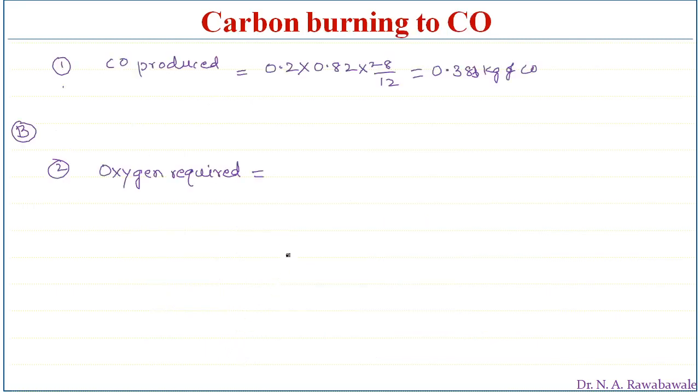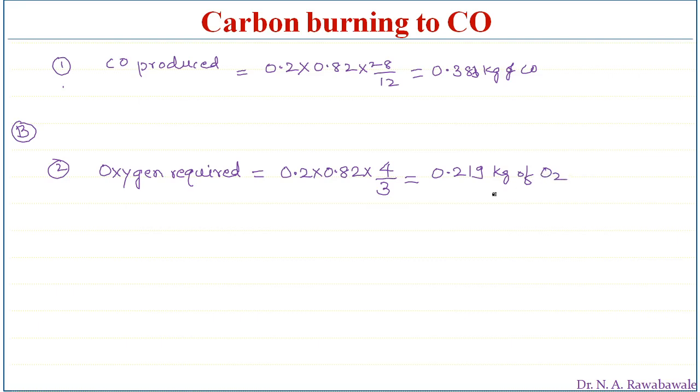How much carbon is burned? 0.2 out of 0.82 kg of carbon, multiplied by 4 by 3. This works out to 0.2 into 0.82 into 4 by 3, which is 0.219 kg of oxygen, O2, required.